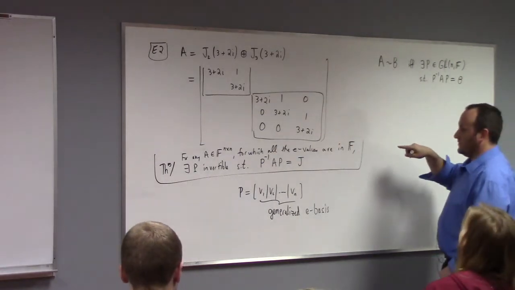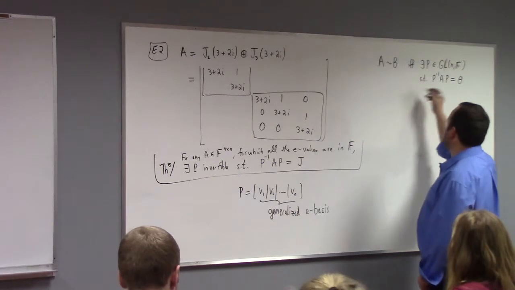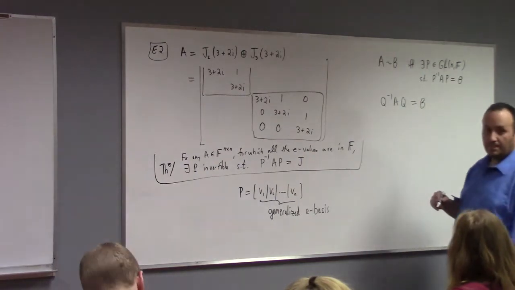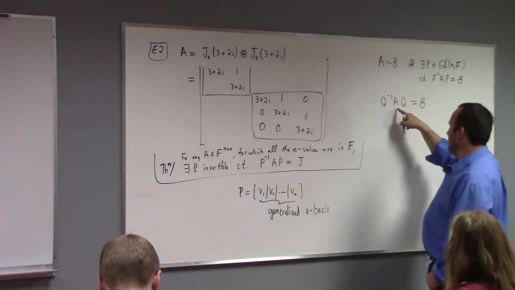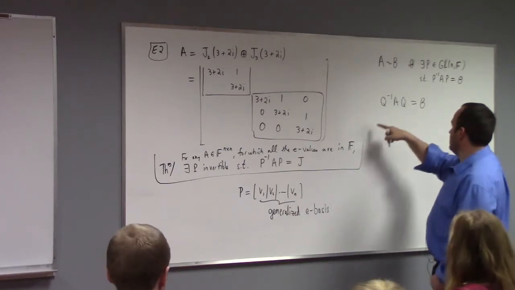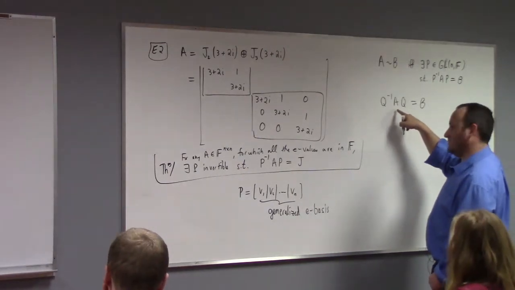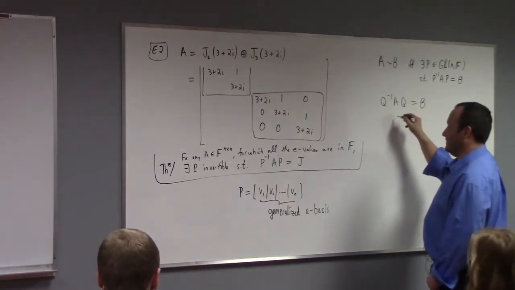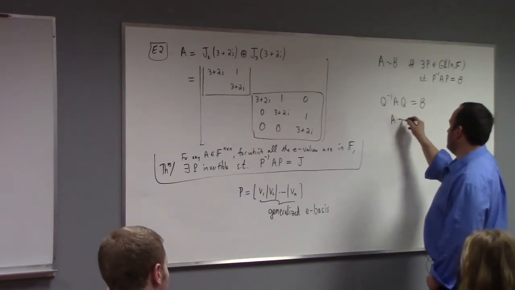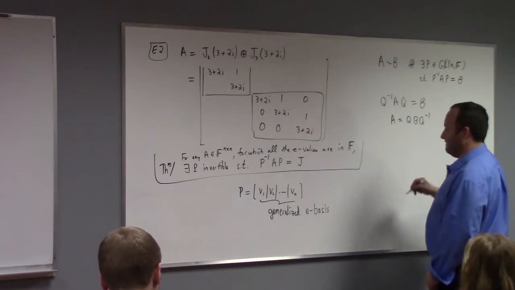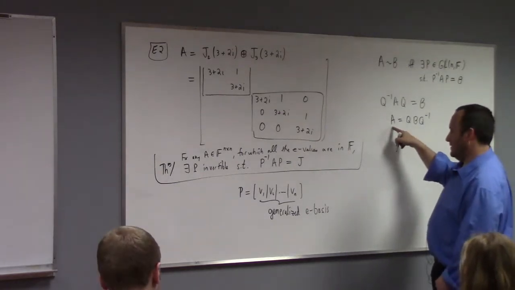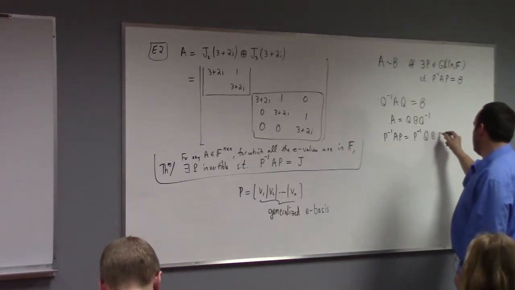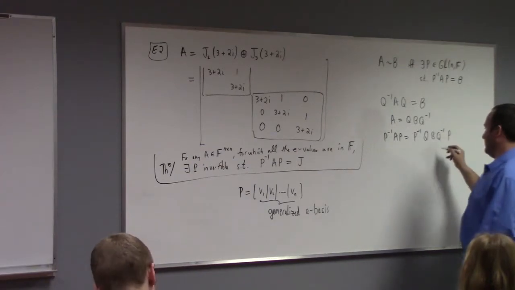Like, let's see, let me work through that. So check this out. Let's suppose that Q inverse AQ equals B, right? Then if I plug in, let's see here. Trying to think how to do this. Well, that says that A is equal to QBQ inverse, right? But we also know that P inverse AP is P inverse QBQ inverse times P. But what's this equal to?